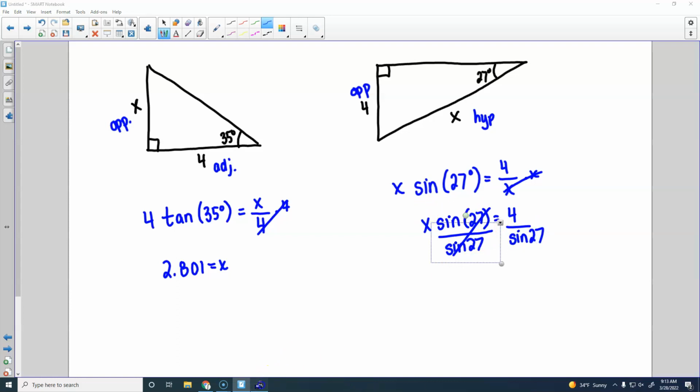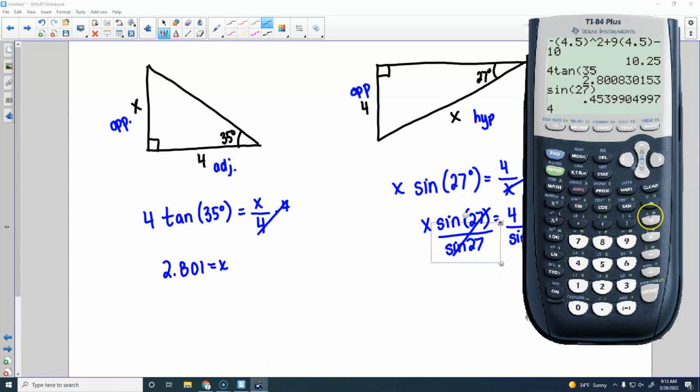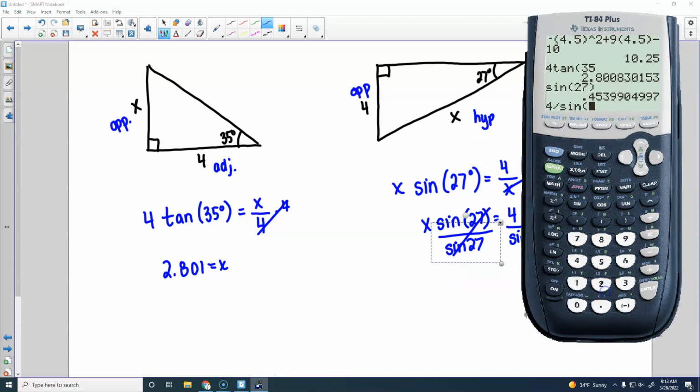So if we do 4 divided by sine 27, we are going to get 8.811.